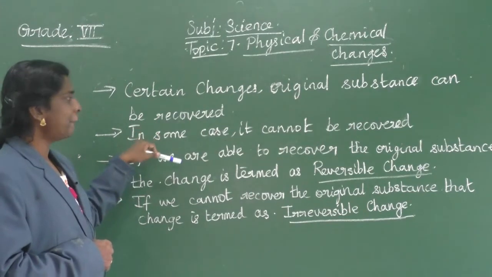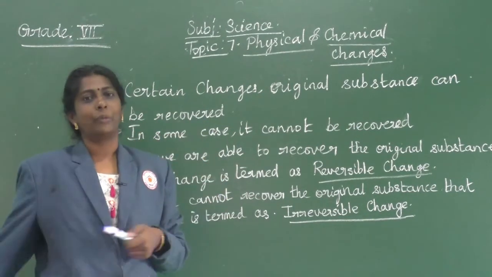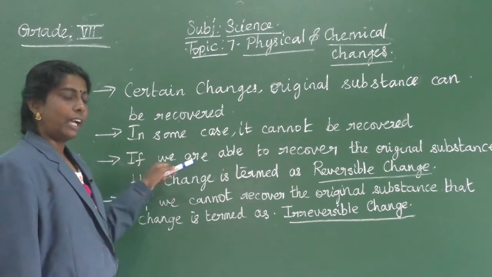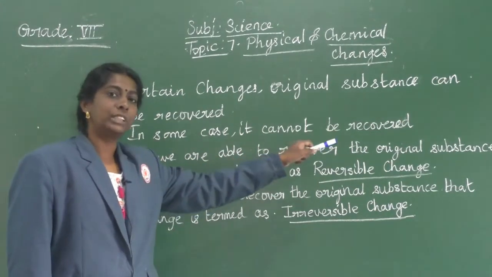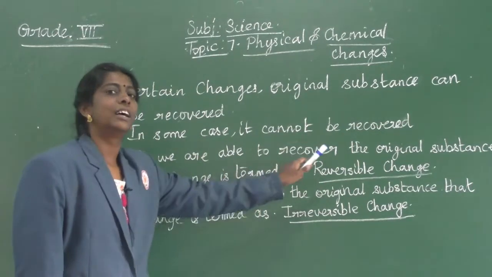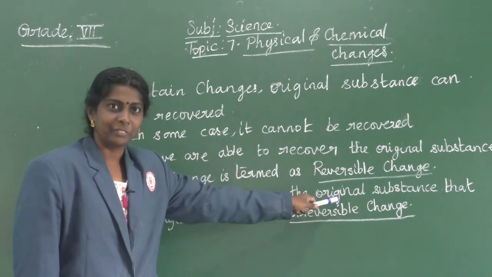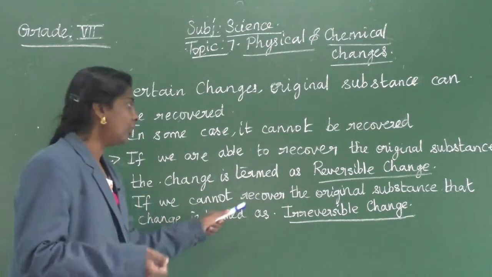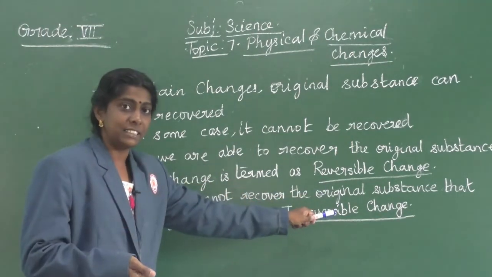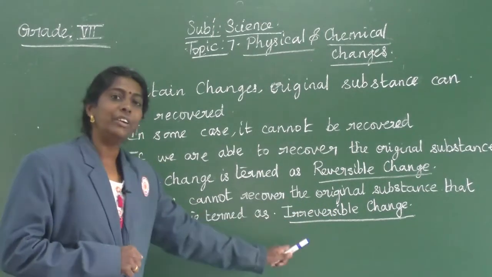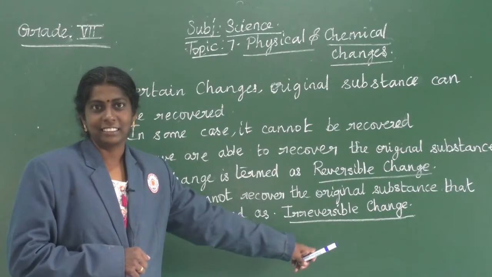In some cases, it cannot be recovered. So, if we are able to recover the original substance, the change is termed as reversible change. Clear? And if the original substance cannot be recovered, that change is termed as irreversible change.